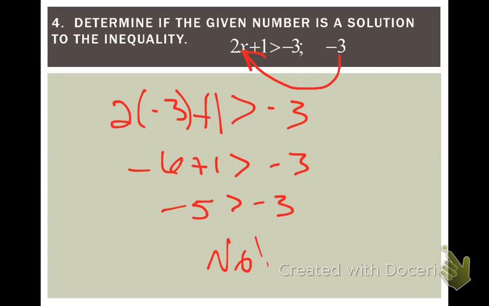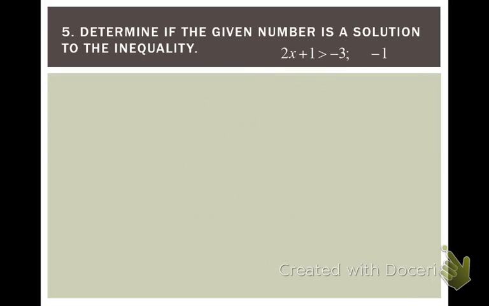That's what we're going to want to do there, to check to see if that particular value is a solution. And we don't have to worry about going through and solving anything just yet. Just plug in the value and see if it works. Okay? Now you try. Let's see if negative 1 is a solution.